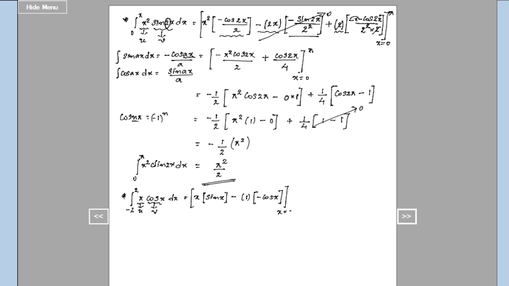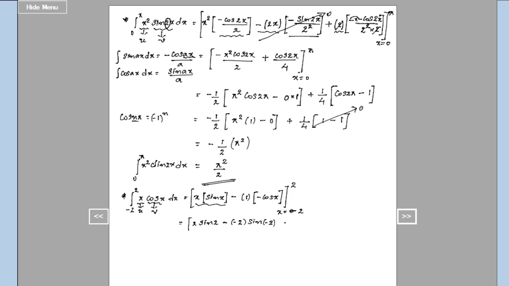So the limit is x equal to minus 2 to 2. As we have constant limits, just apply those values for x. When I apply the limit for the first term, upper limit minus lower limit, we get 2 sin 2 minus, for x equal to minus 2, minus 2 sin of minus 2.